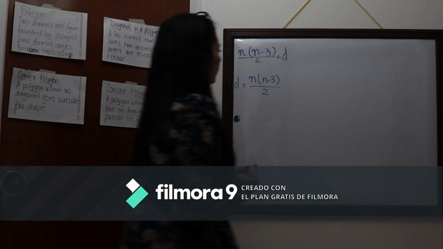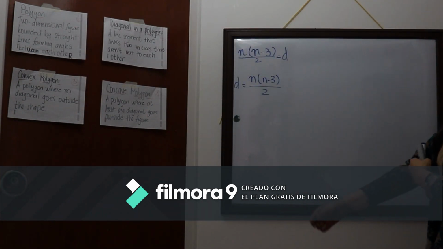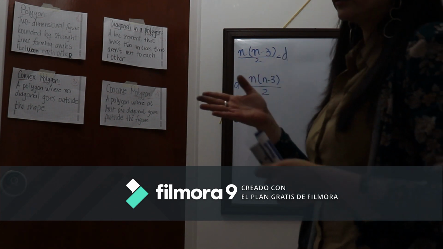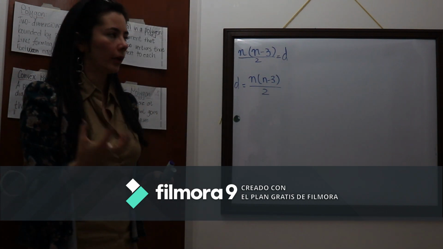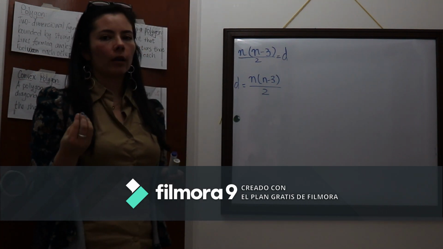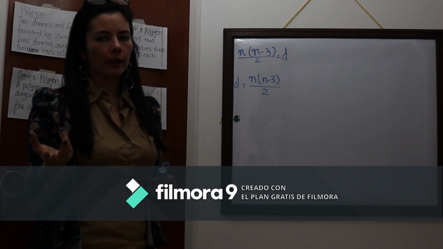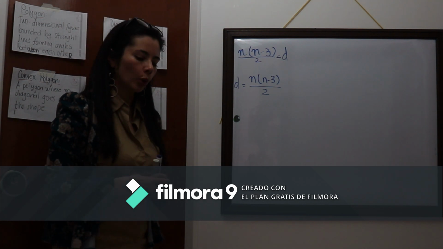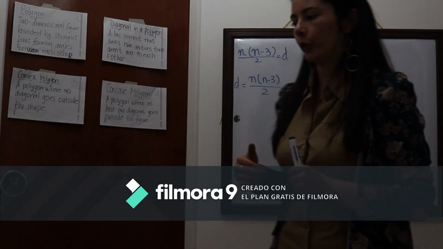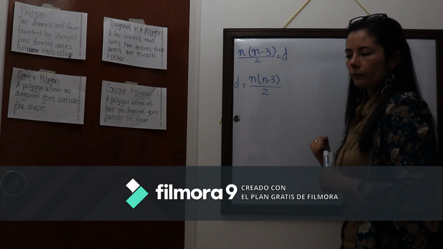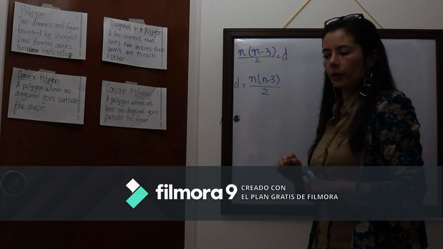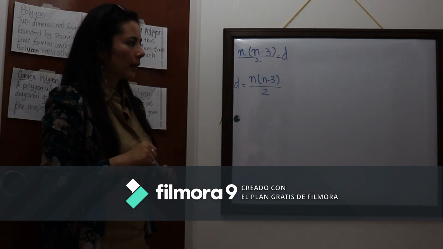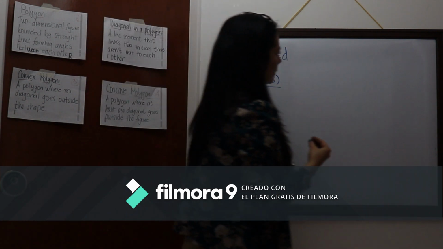In the book, they said, how about you cut the polygon using the diagonals and then you count the amount of triangles. Then that amount of triangles you multiply by 180, and then that's going to allow you to get the angle sum, correct? Is that true or not? Yes, it is, right?